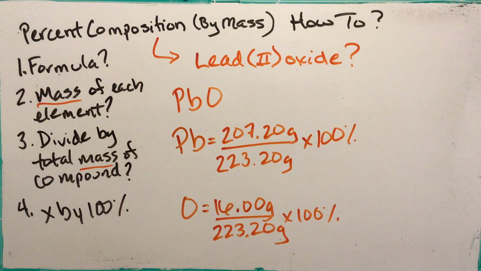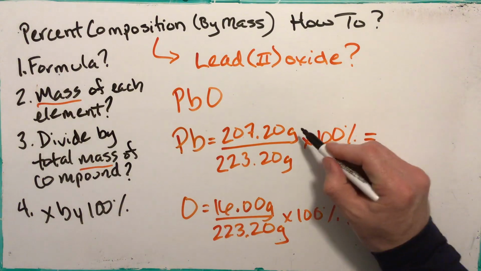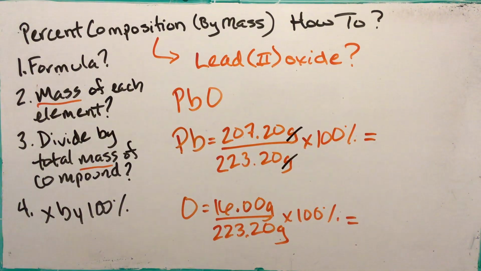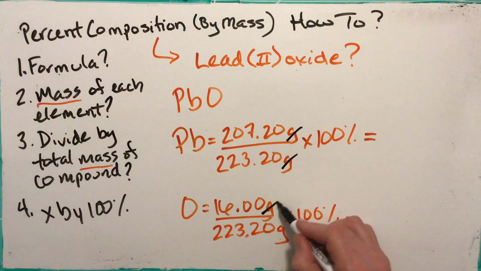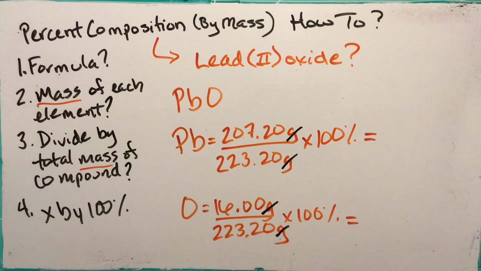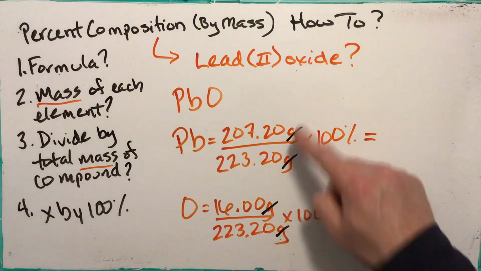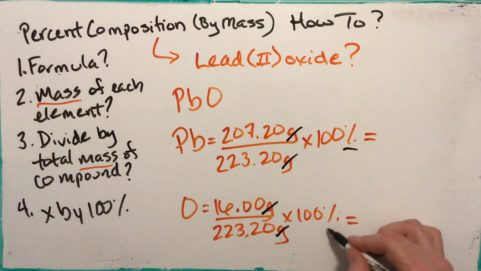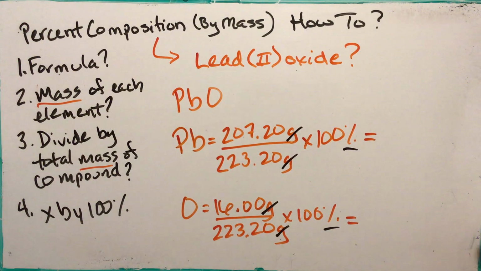There's my 4 steps. So if I do the calculation now, look what happens, right? If I look at this, grams divided by grams cancels, right? So my grams are gone, and the only unit left is the percents. So that's great. That's what I want. Percent. All right.